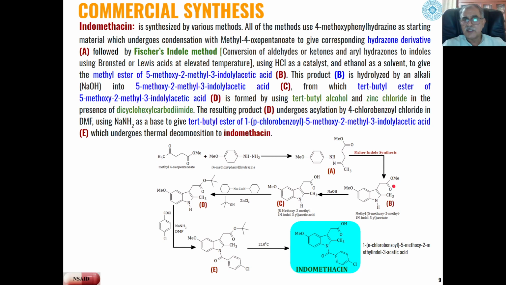So we will get these methyl esters of 5-methoxy-2-methyl-3-indolyl acetic acid.